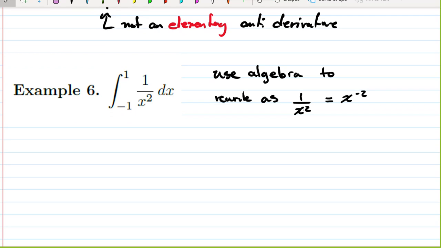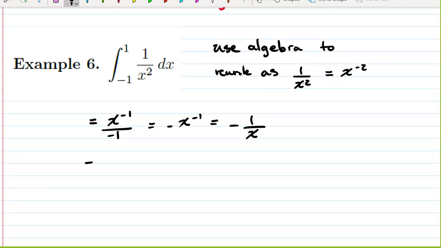Then, if we use our antiderivative rule, it says we add 1 to the exponent and divide by it. So the antiderivative is going to be x to the -1 divided by -1, which is negative x to the -1, which, putting it back into the denominator, is -1 over x. So then our antiderivative is -1 over x, and we evaluate that from -1 to 1. So that's -1 over 1 minus -1 over -1.